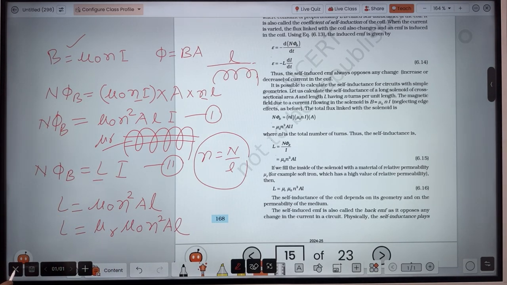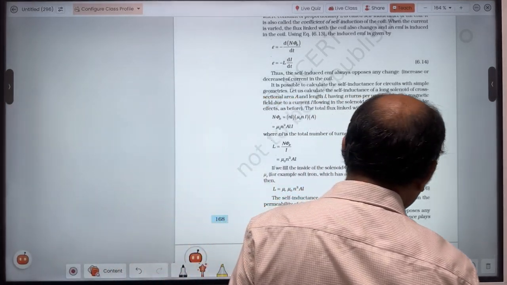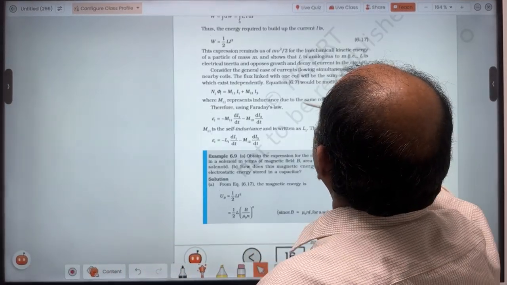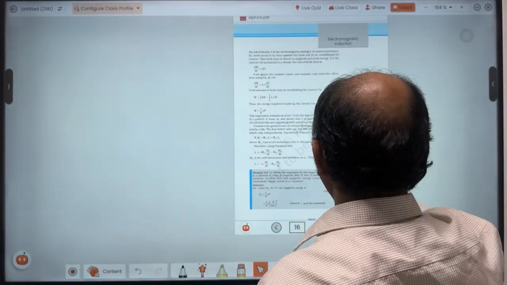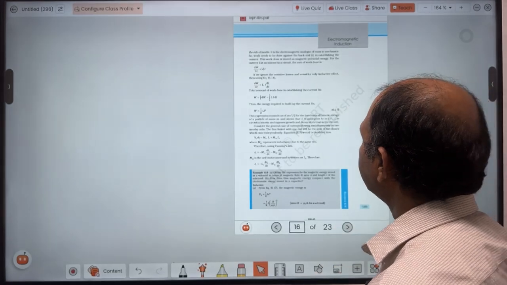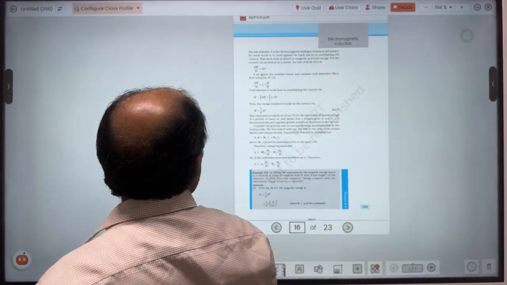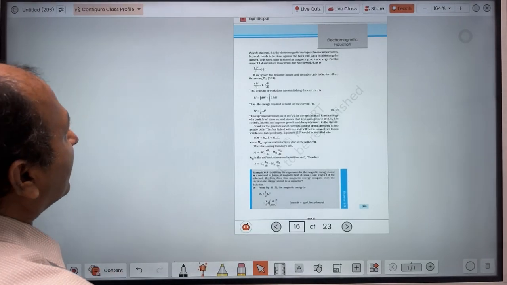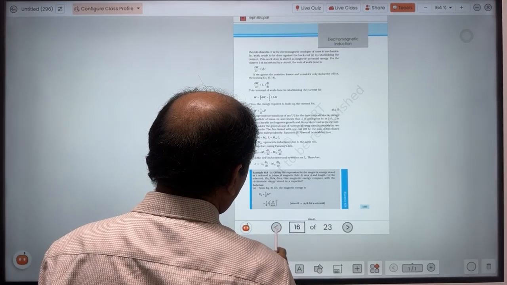Generally in the CBSE exam this question is asked. Now let's find out another concept, that is the energy stored in an inductor, and after that we will do one numerical.